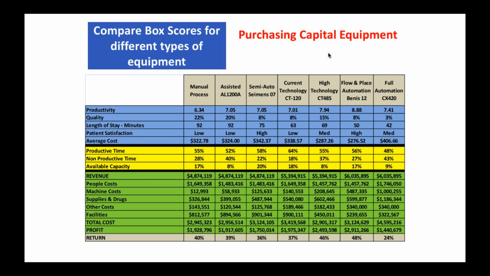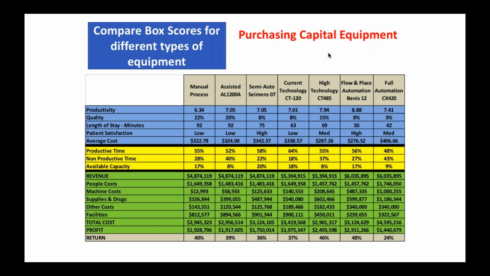You can glance at these numbers, but I want to drive you over to the flow and place automation Bennis 12 machine, the second to the last column on the right. As you can see, the productivity is higher, the quality is not the lowest, but it's lower than the current state. The length of stay is second lowest.